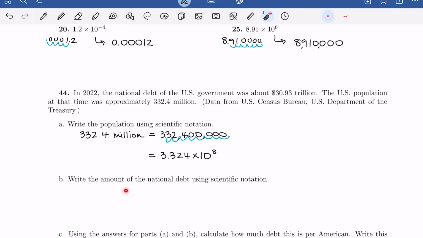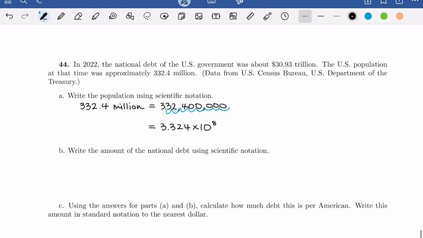Now for part B, we want to write the amount of national debt using scientific notation. So the amount of our national debt is 30.93 trillion. So this is a very large number. This is going to be 30 trillion, 930 billion.